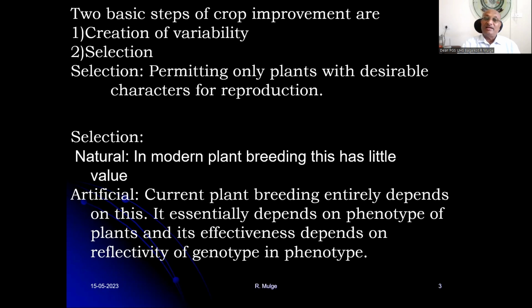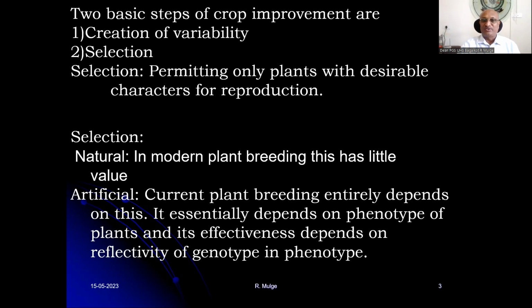And the effectiveness of that selection depends on the reflectivity of genotype in the phenotype. Meaning, phenotype means externally what it appears. Genotype means what genes it carries. So the phenotype should reflect what it has got inside. It is not because of environmental factors like more water or fertile soil or good agronomic practice that the plant is doing well.